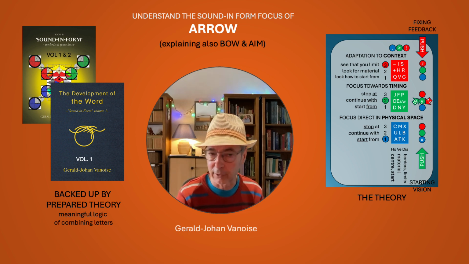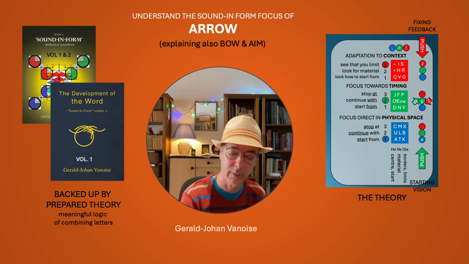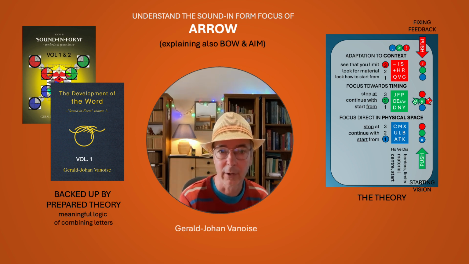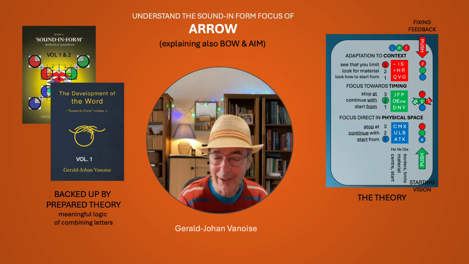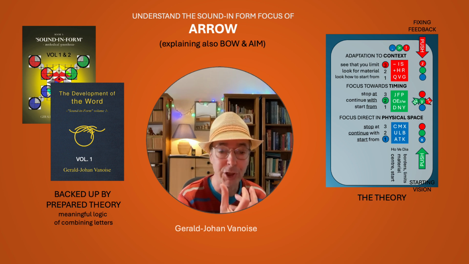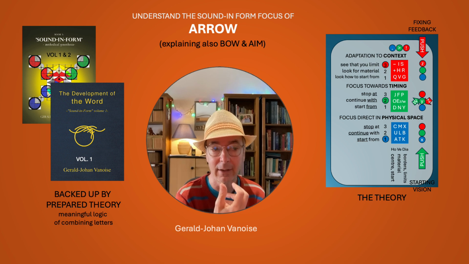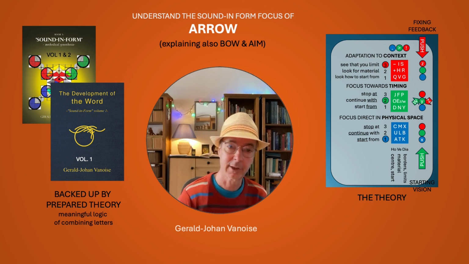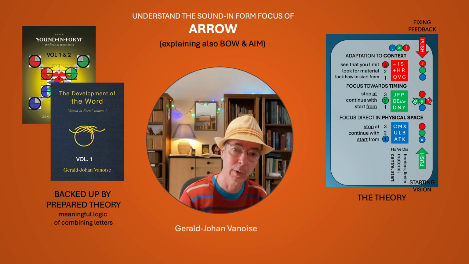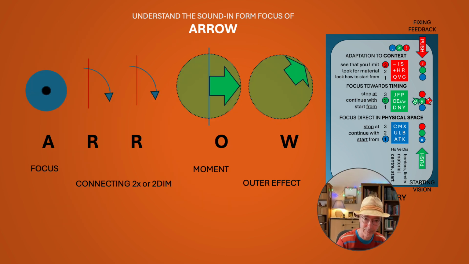With the end results, it will all come together, and it will be shown how arrow is pointing into a certain direction of thought. That will be very clear, how this suggestive word is about and what it is expressing. I will also compare it to bow and to aim in the end.